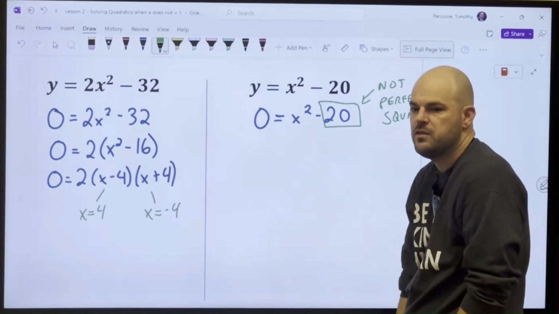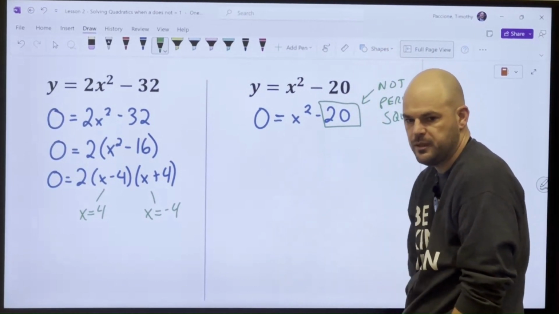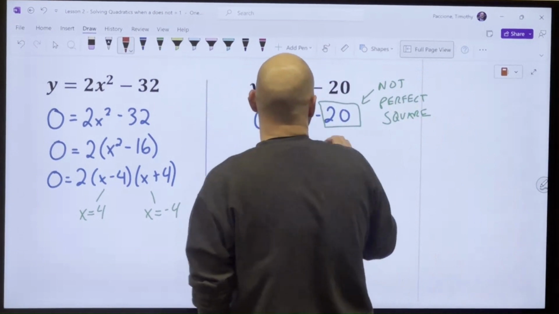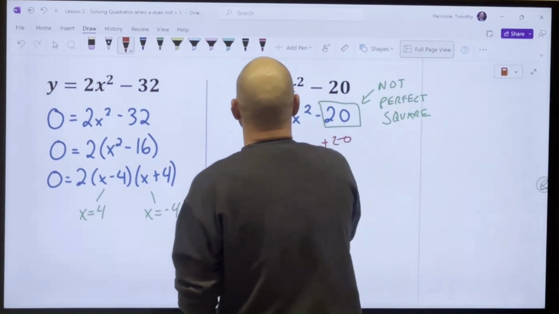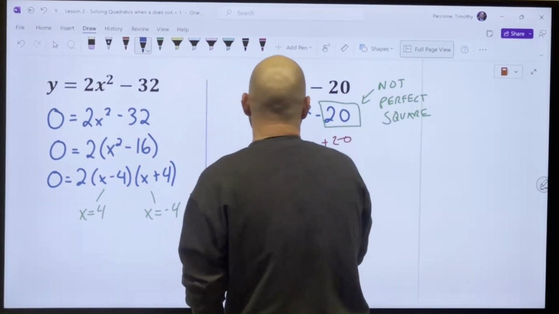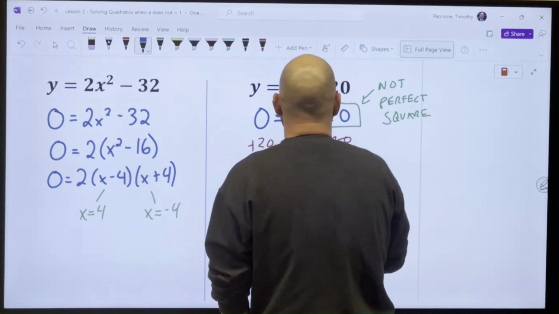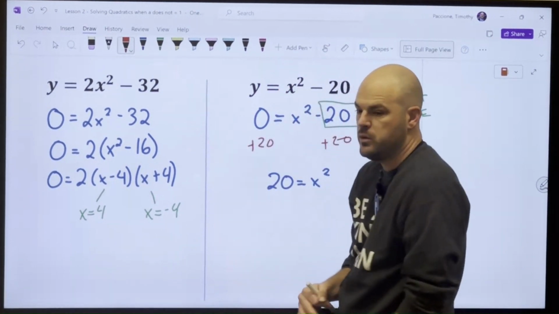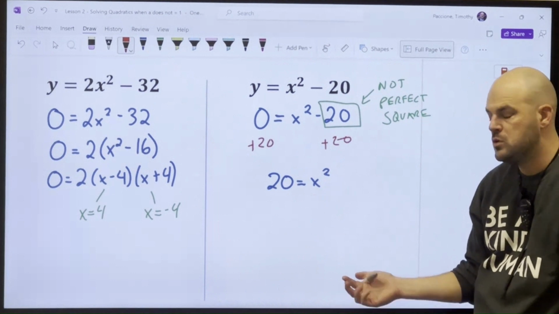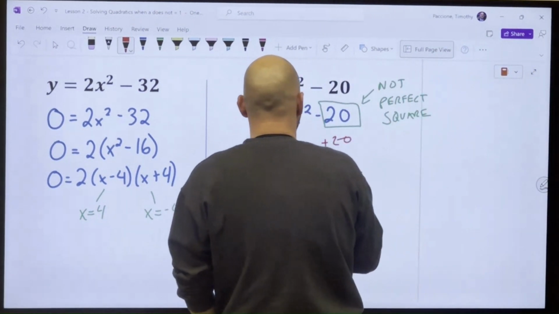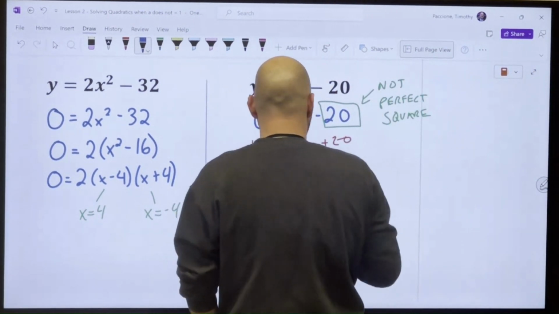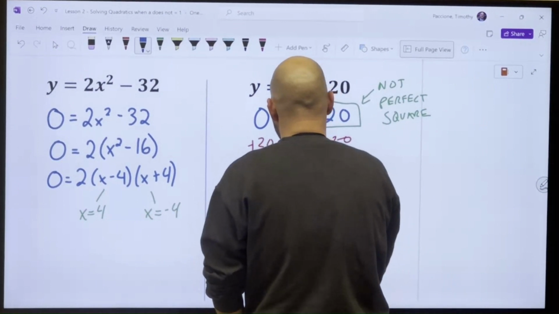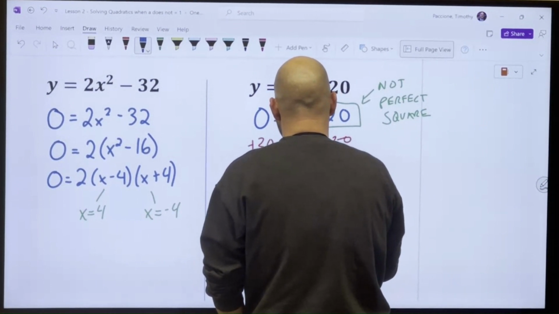Yep, you would have to solve this by square rooting, right? Is that what you're going to say? Yeah. So plus 20 on both sides, and you get 20 equals x squared, and then you would square root. You'd get x equals plus or minus the square root of 20.